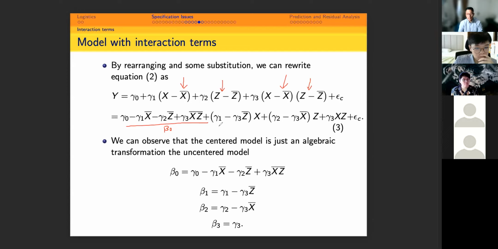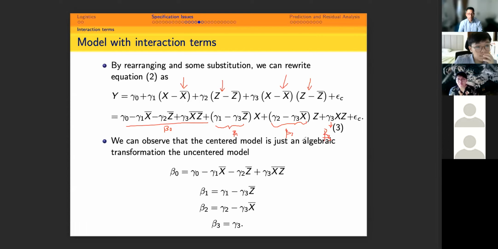This one is equivalent to beta 1, and this is equivalent to beta 2. The variable that we're interested in, the interaction variable, is actually the same. So beta 3 and gamma 3 are going to be the same.